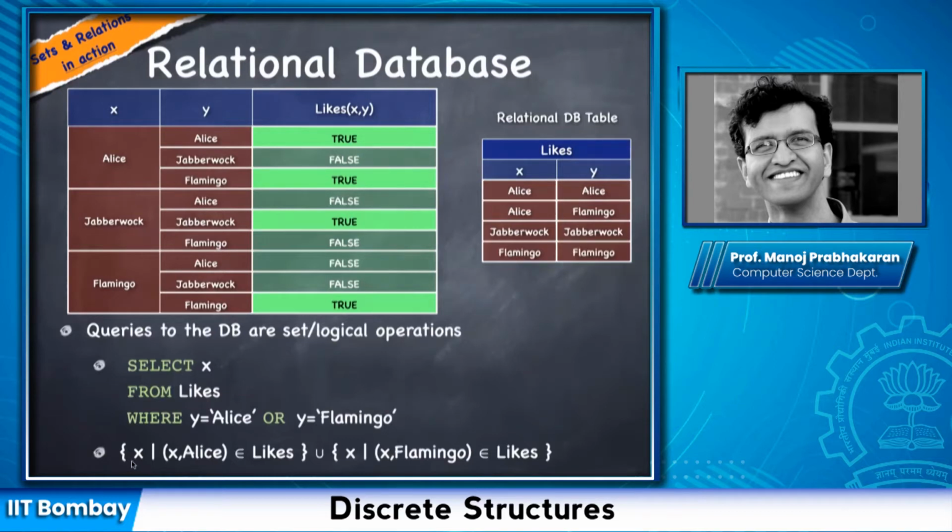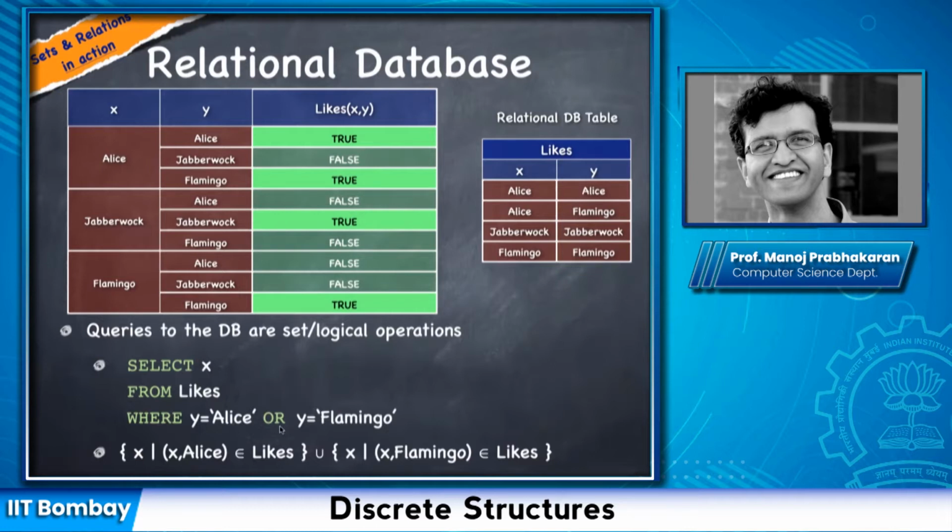So select all x's such that the second entry is Alice, so x comma Alice is in likes, or x comma Flamingo is in likes. And this set union you see here shows up as a logical operator, or, and as we shall see shortly, that's not a coincidence.